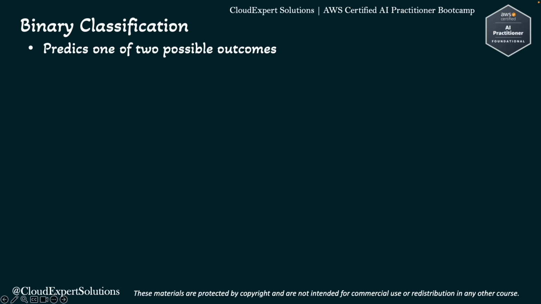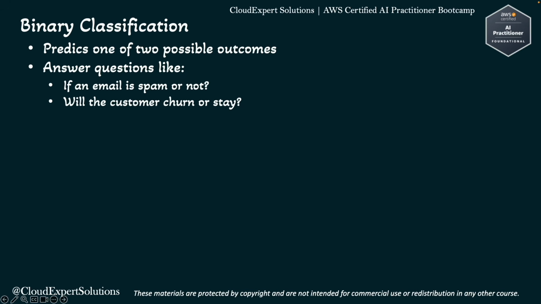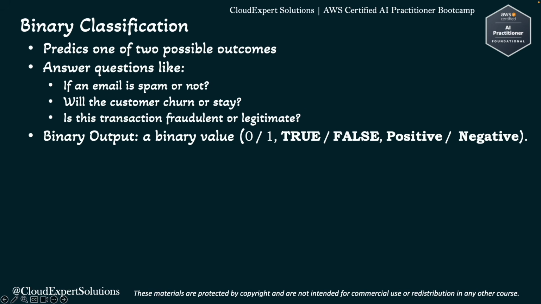In binary classification, the model predicts one of two possible outcomes. It answers questions like: is the email spam or not, will the customer churn or stay, is the transaction fraudulent or legitimate. These problems are called binary because there are only two cases or two outputs. Either it could be yes or no, or true or false, or 1 or 0.